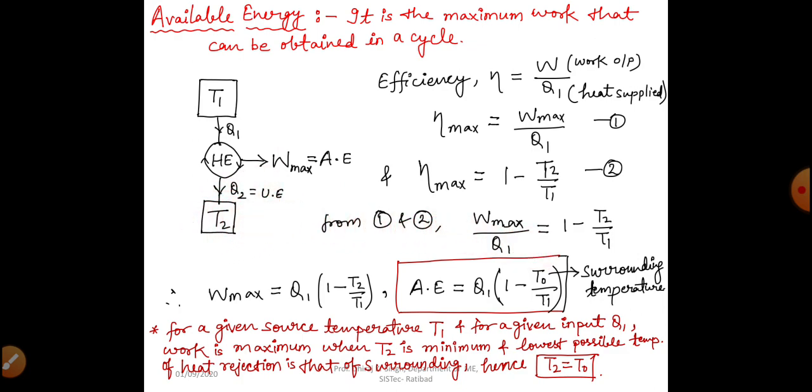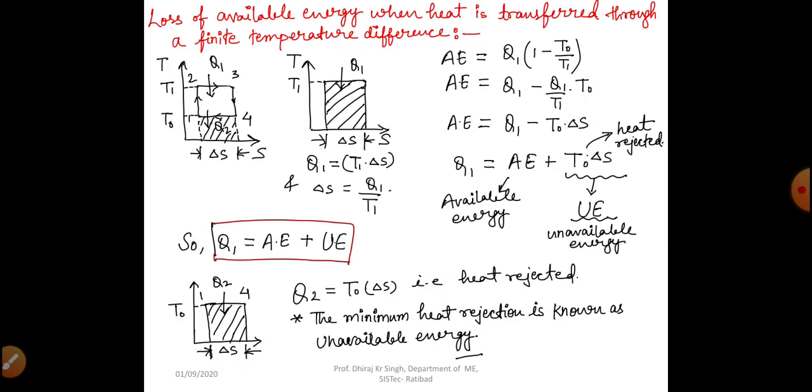The lowest possible temperature of heat rejection is our surrounding, so T2 will be equal to T0. Now dear students, we have got the expression for available energy: Q1 into 1 minus T0 by T1.